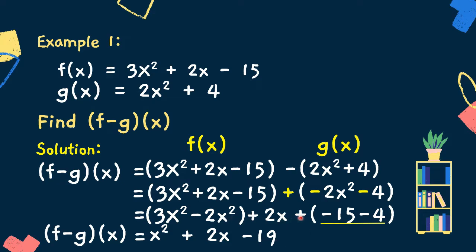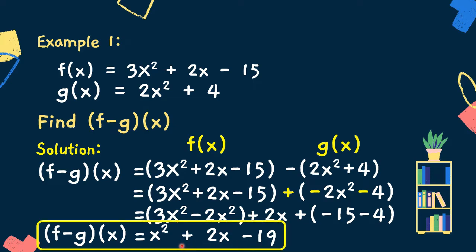Take note that we don't need to write plus here. We simply directly write down the answer when we simplify negative 15 minus 4. So if there are no other like terms, therefore, we conclude that we have arrived at the final answer, which is x squared plus 2x minus 19.